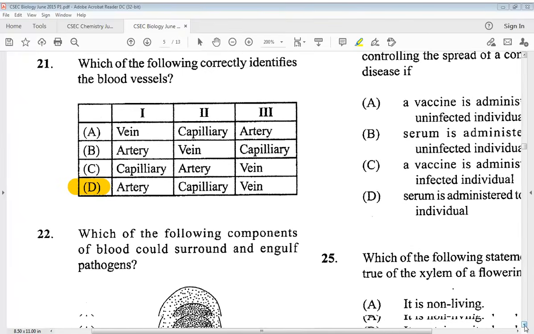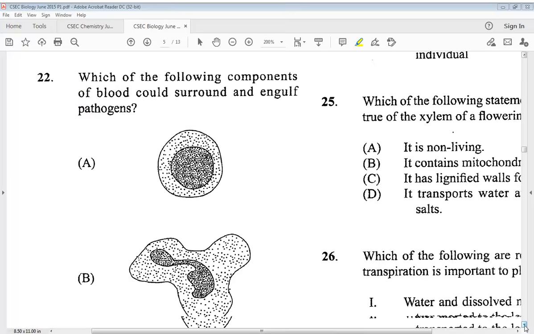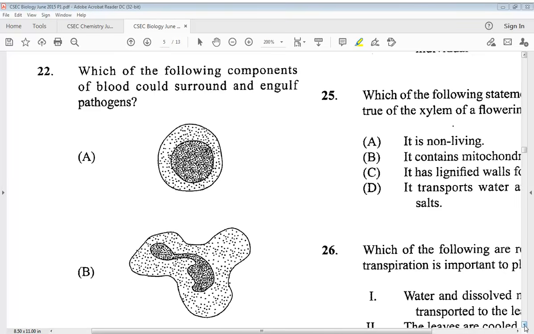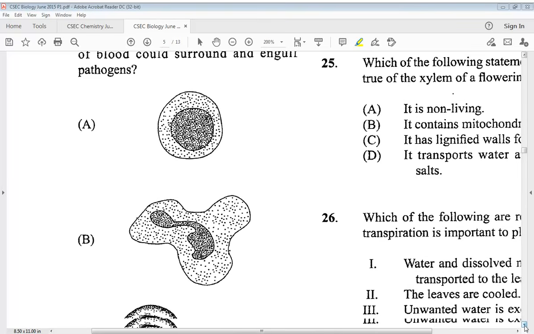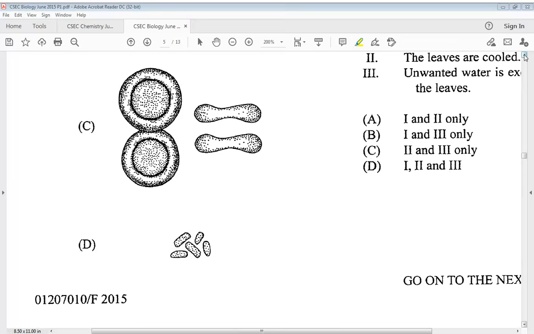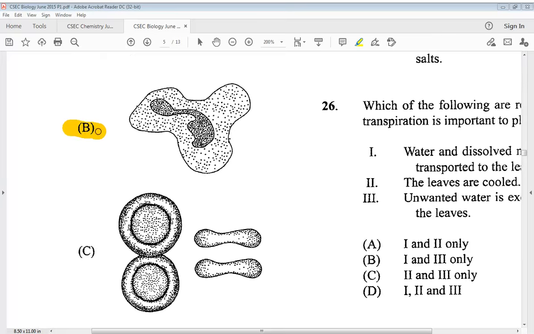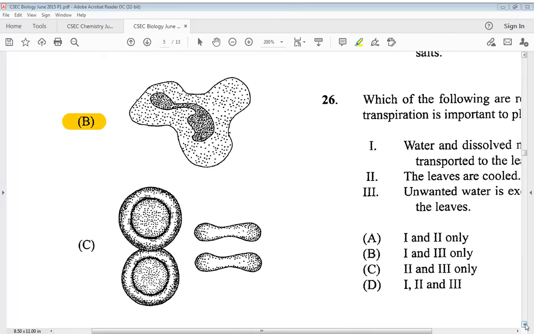22. Which of the following components of blood could surround and engulf pathogens? So the answer for 22 is B. Let's go to 23.